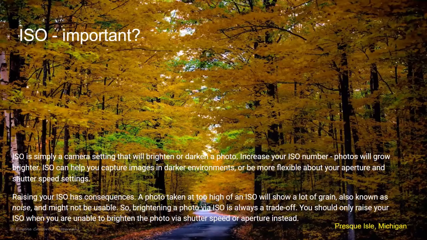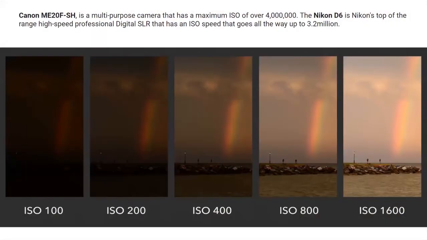Next. Here's another example. Now, this is remarkable. Here's a Canon multi-purpose camera that has an ISO of 4 million. This just happened. I thought when Sony hit 200-something thousand that was off the scale. That's like you smoking a cigarette at a football field away and your face looks like it's daylight at 4 million. I don't even know, it's probably way beyond that. And the Nikon D6, their top one, goes to 3.2 million.